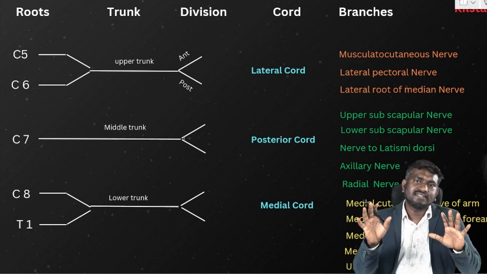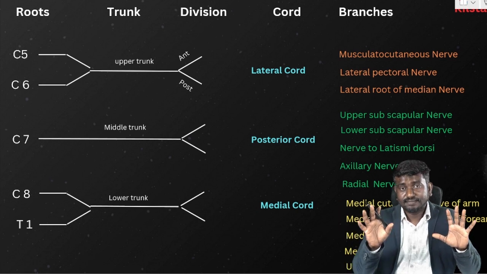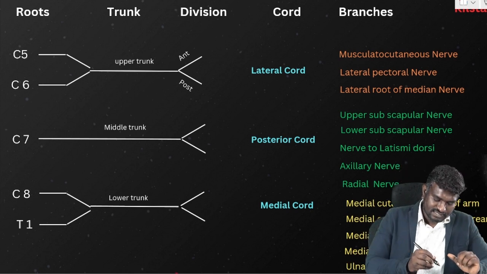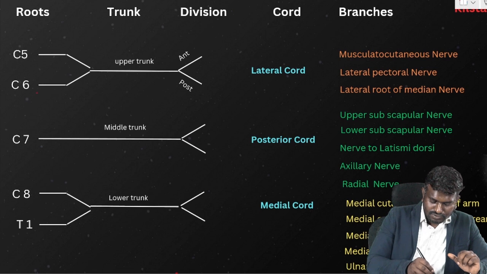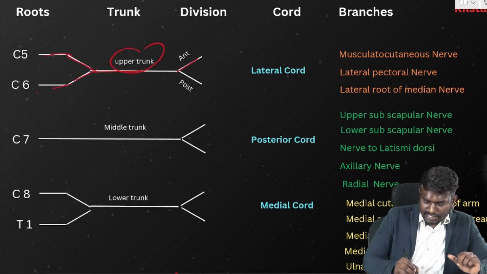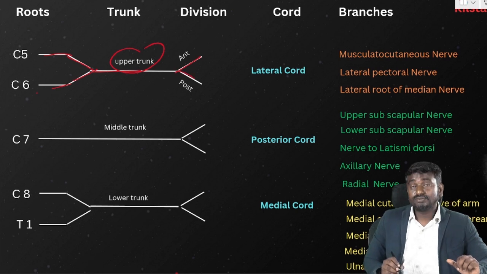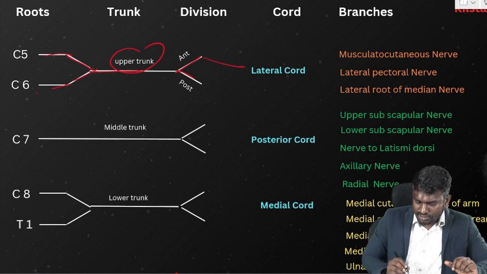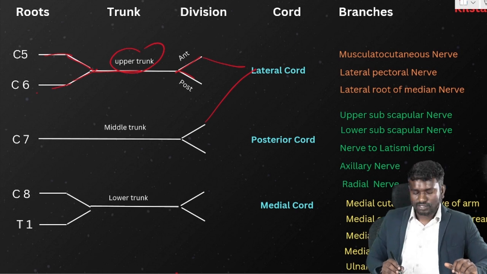Roots, trunks, divisions, cords and branches. We just studied it. Now let's try to revise this nicely. C5, C6, as we know, give rise to the upper trunk. Yes. And the anterior and posterior divisions. Now you have to remember the cords. C5, C6 anterior divisions give the lateral cord, and the C7 middle trunk anterior divisions give rise to the lateral cord.